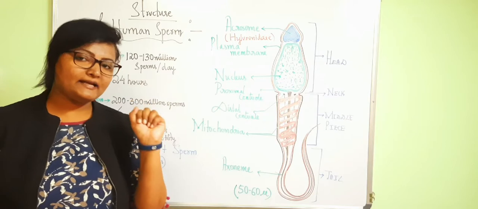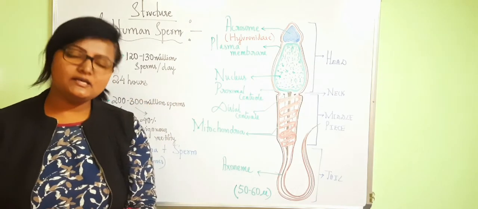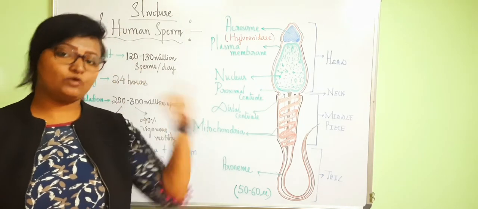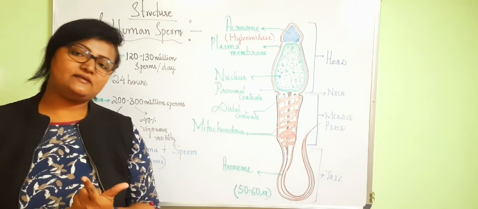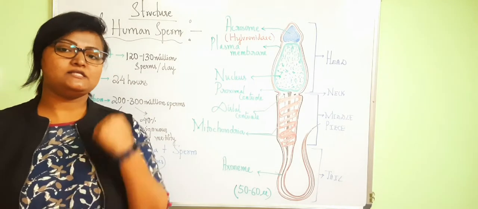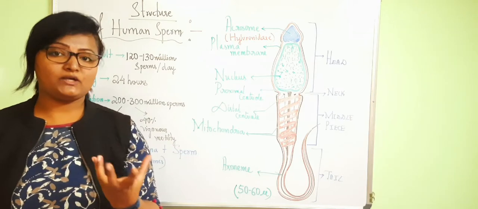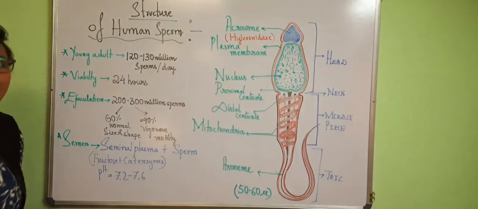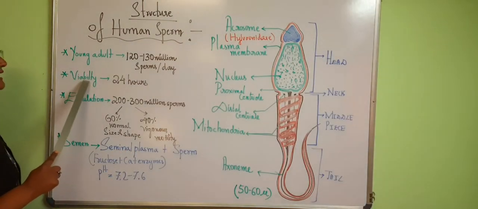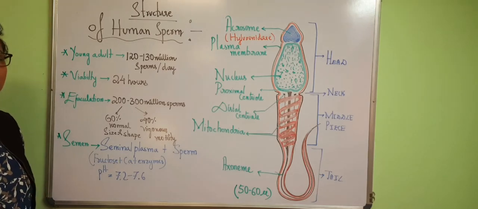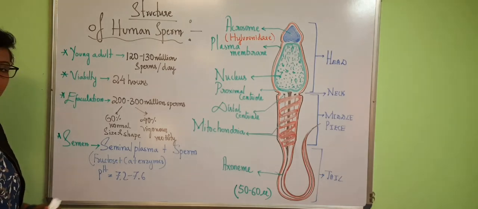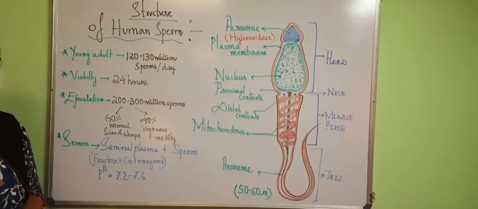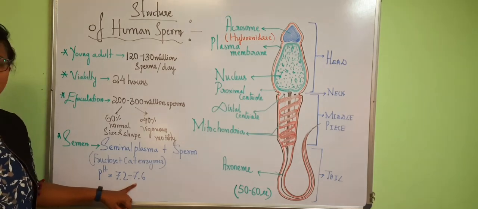These three glands secrete secretions called seminal plasma, which contains especially fructose, calcium, and certain enzymes which keep the sperms active, motile and matured. Hence the seminal plasma plays an important role in keeping the sperm viable. And what is the pH of semen? The pH is neutral to slightly basic, that is 7.2 to 7.6.